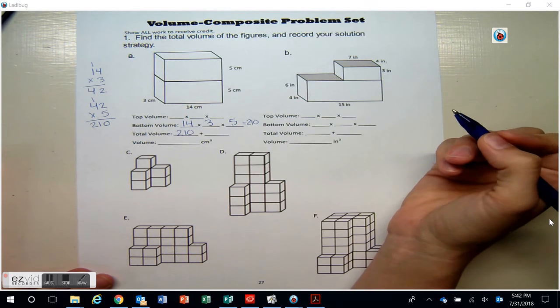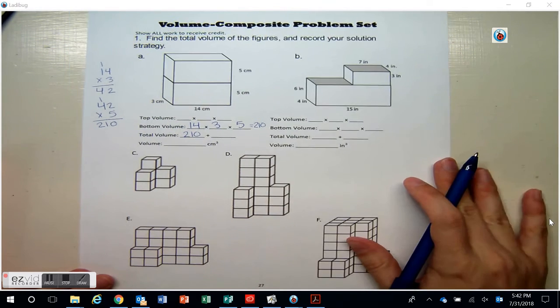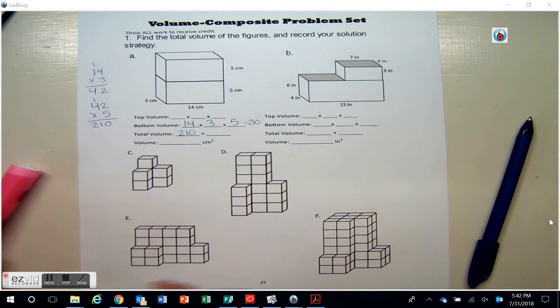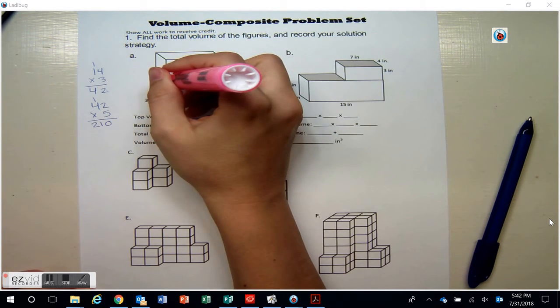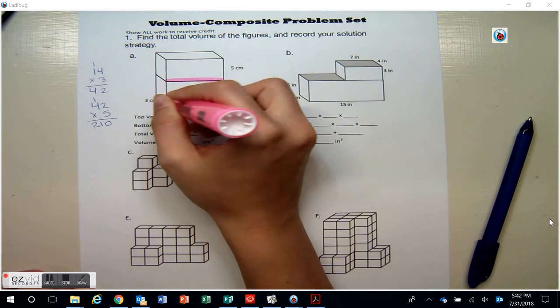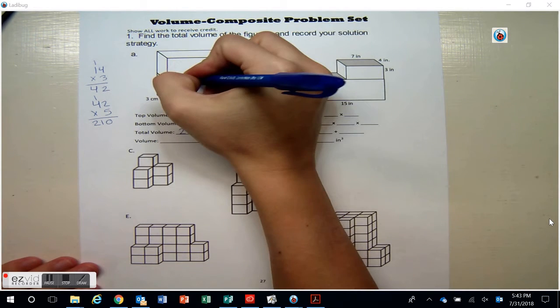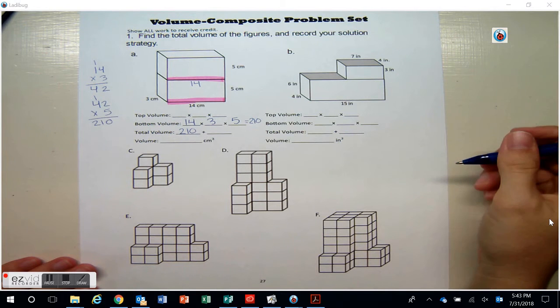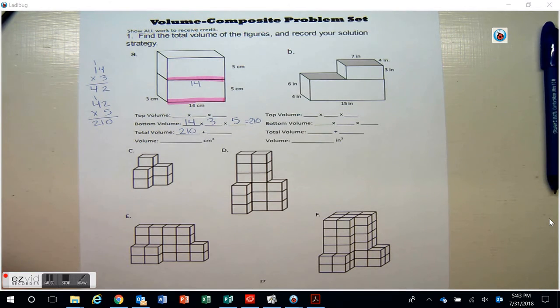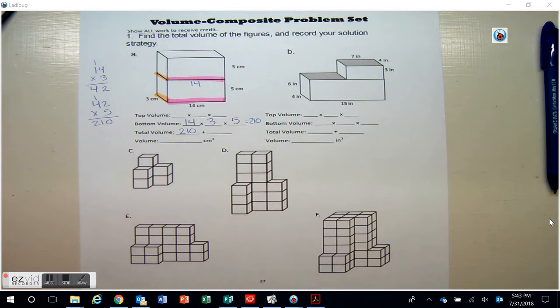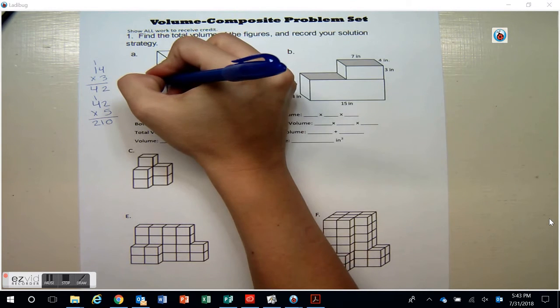I want to find the volume of the top figure. It looks to me like they are identical, but I can see that these line up here, and so those two are going to be the same. So this one's 14, and I see that over here, these are going to be the same. So if that's 3, then that means that this is 3.